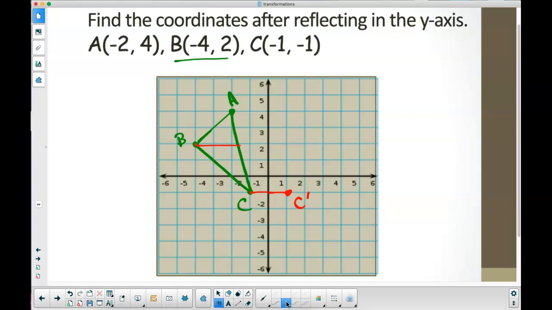B prime, it was 4 units away. So 4 units away, there's B prime. And A was just 2 units away. Here's my new triangle.